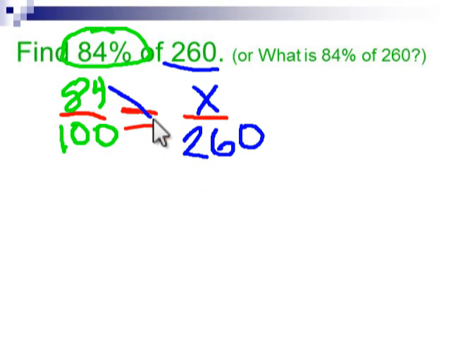So all I need to do is multiply 84 times 260, and you can go ahead and do that on your own, not on your calculator. You would have to multiply that out by hand, but in this case I'm not going to actually show the multiplication. So 84 times 260 is 21,840.